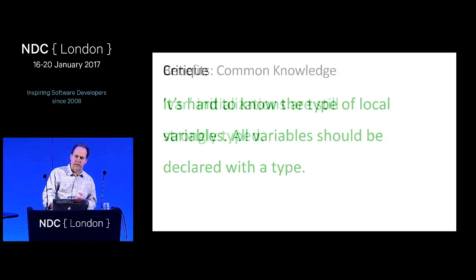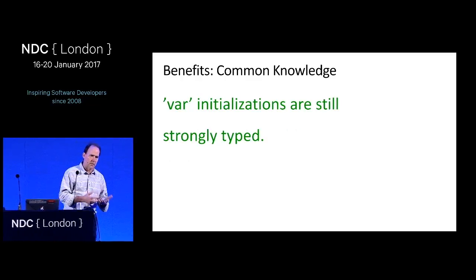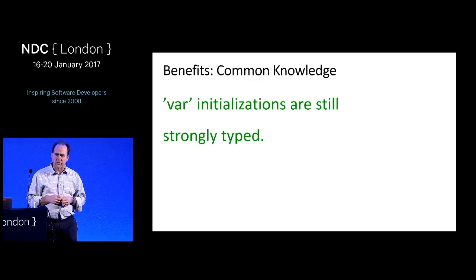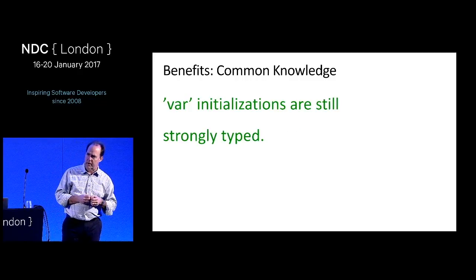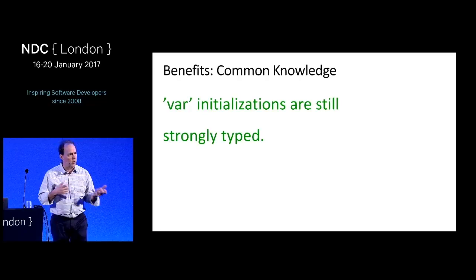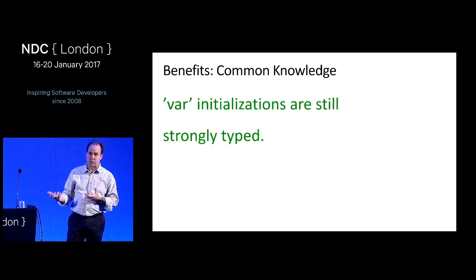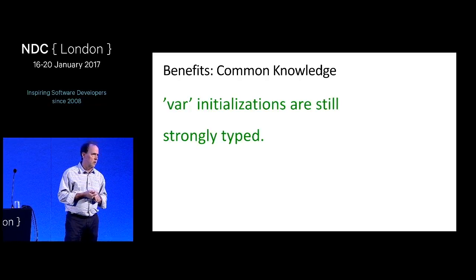Typing keystrokes is not the same as adding type information. Any var initialization is still strongly typed, so it gets its type from the right-hand side. Well-named methods, well-named functions, obviously constructors tell you what that type is.